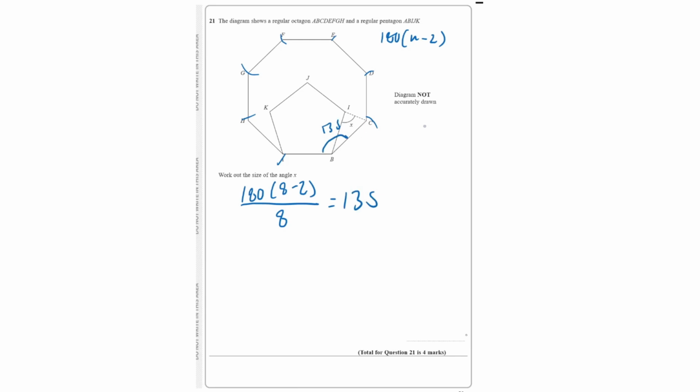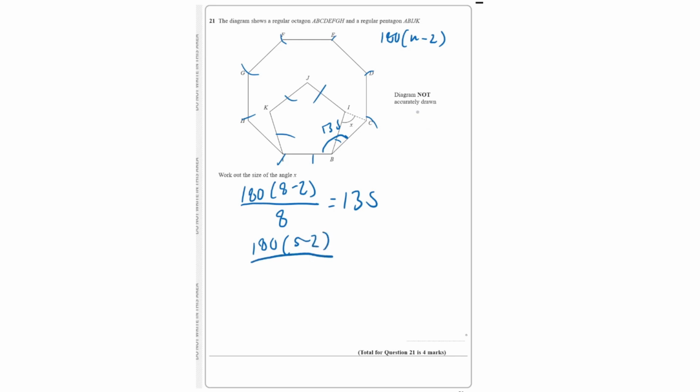Okay, now if we can find the angle ABI, we can then subtract it from 135. So let's use the sum of the interior angles equation again. 180 into, now we're finding this angle, so that has to be 1, 2, 3, 4, 5 sides. 5 minus 2, that's simply 180 into 3.